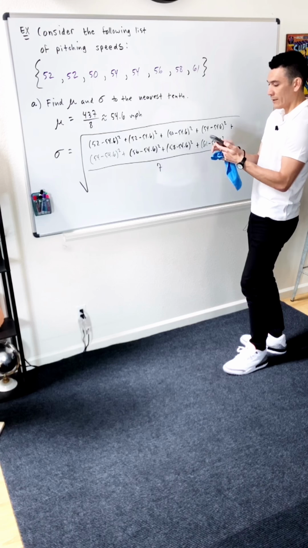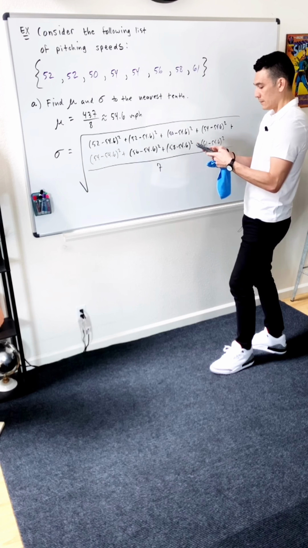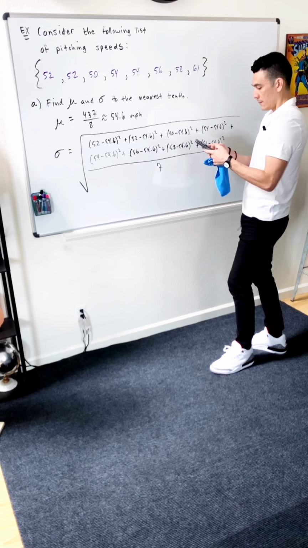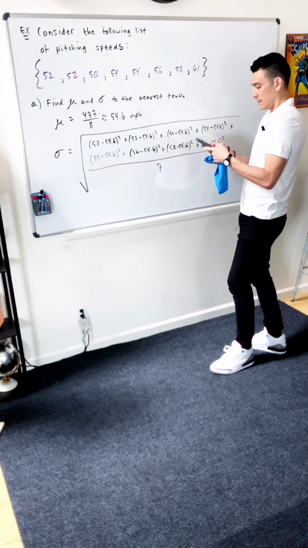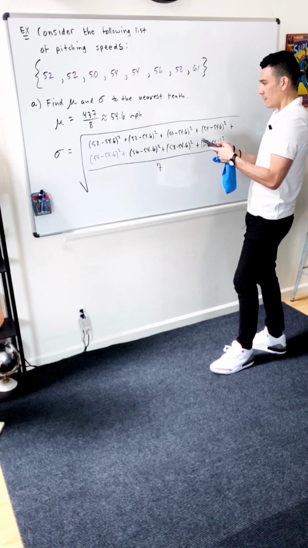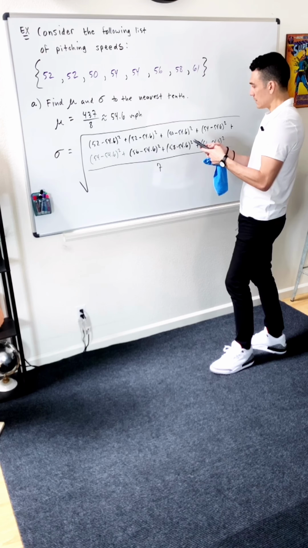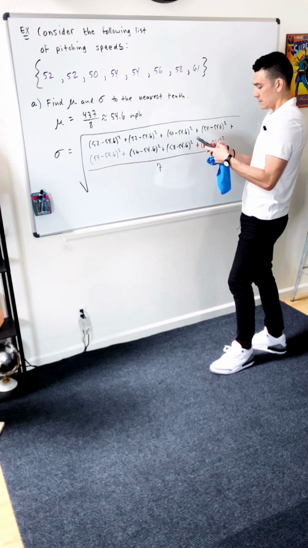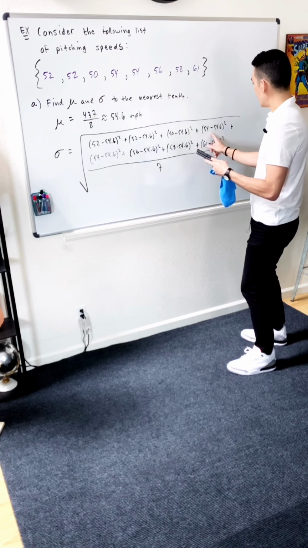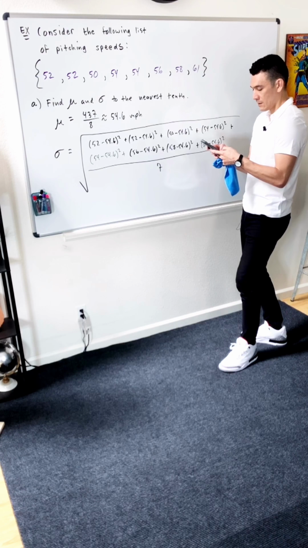So let's see, the numerator first. 52 minus 54.6. Don't forget your squares on all of these. 50 minus 54.6. And then I have 54 minus 54.6 squared.